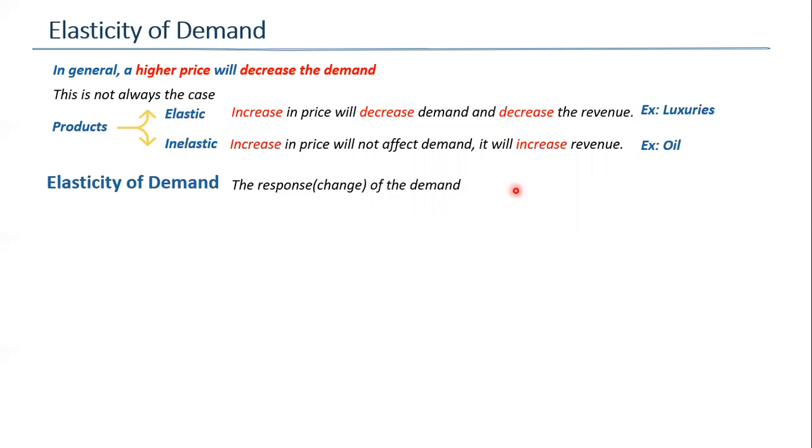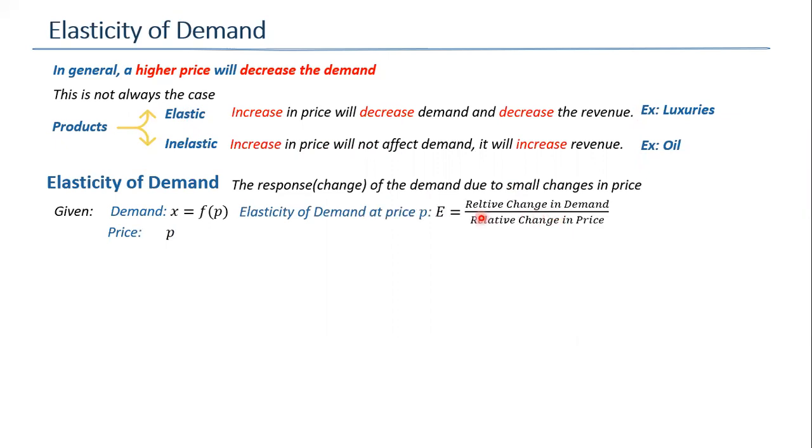Elasticity of demand is the response, or change, of the demand due to a small change in price. Given demand x equals f of p, where p is the price, the elasticity of demand at price p has the formula E equals relative change in demand over relative change in price.